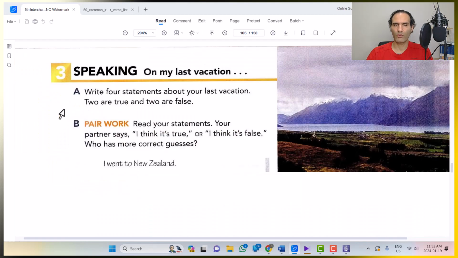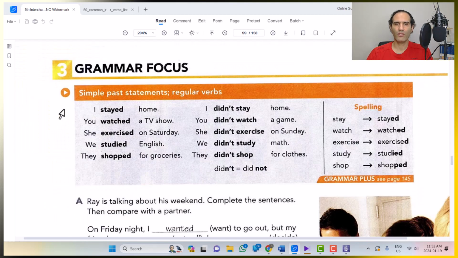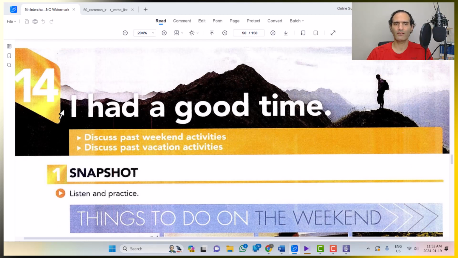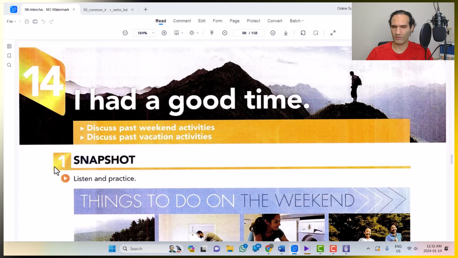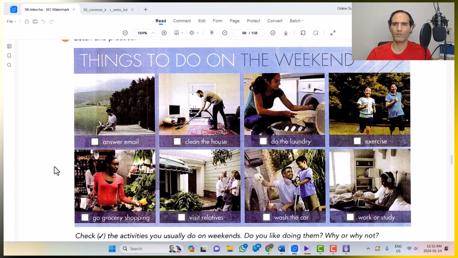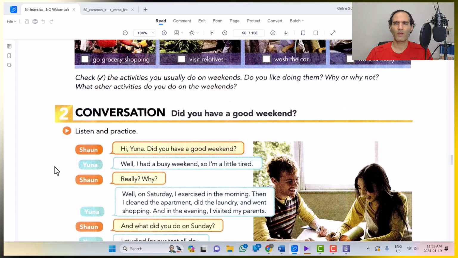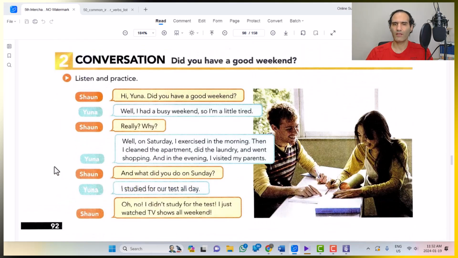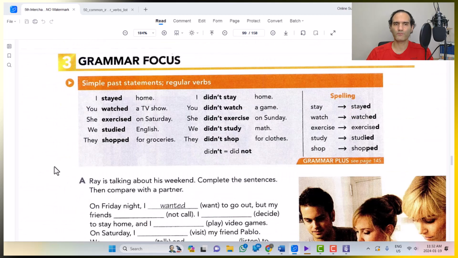But as a review, what did we talk about today? We talked about past tense. I had a great time. I had a good time. Here we talked about things people usually do on the weekend, with a lot of speaking that we had. The conversation, again, we employed it for our speaking practice. It was good.